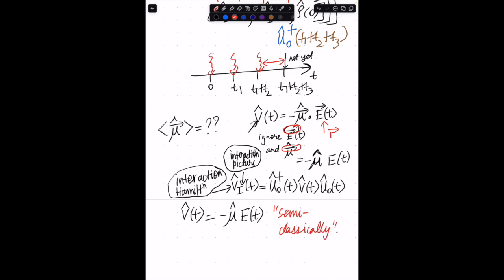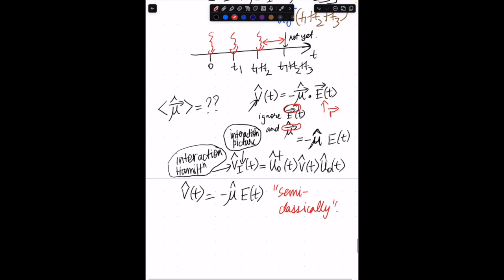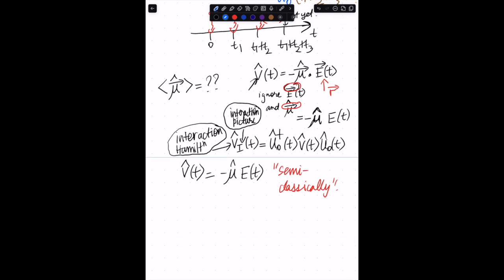The semi-classical formulation of the interaction Hamiltonian is that your dipole operator is a quantum mechanical operator, but your light field is classical. Your light field is just a classical solution of Maxwell's equations and takes on the form e raised to the power i k vector dot r vector minus omega t. That sort of solution is what we are talking about, classical light fields. We are not talking about photons and quantum light fields here. So the dipole operator is the only quantum mechanical object here.